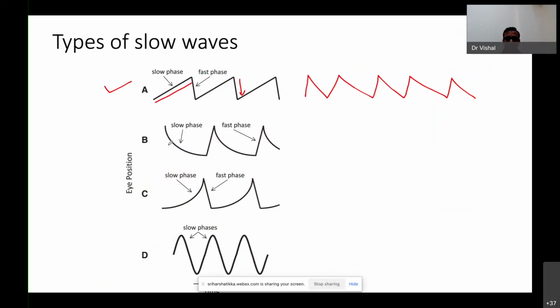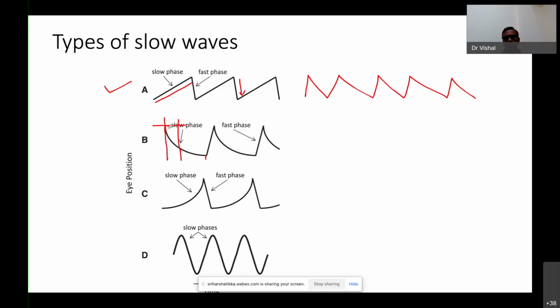Now here we will see how much distance is covered in this much time and this much time. From here the eyes are reaching to here.